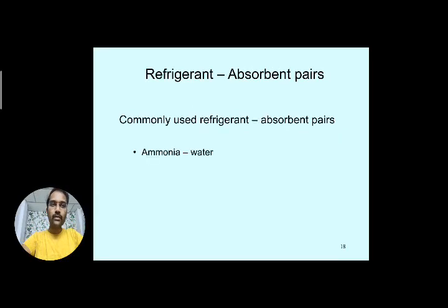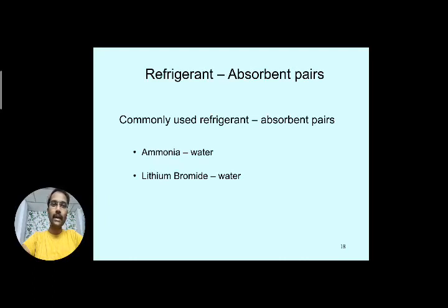So commonly used refrigerant and absorbent pairs, we already discussed, are the ammonia and water combination, with ammonia as the refrigerant and water as the absorbent, and lithium bromide and water. Depending on the requirement and the different combinations, they may change the pair.